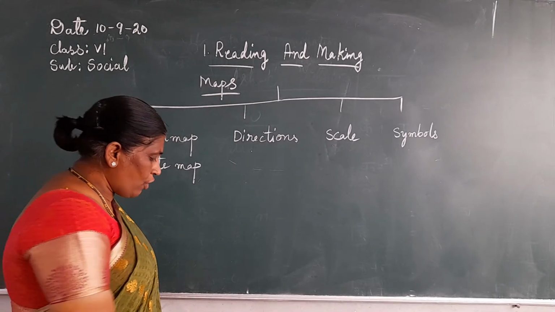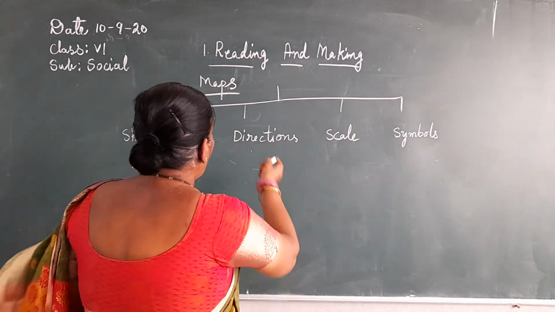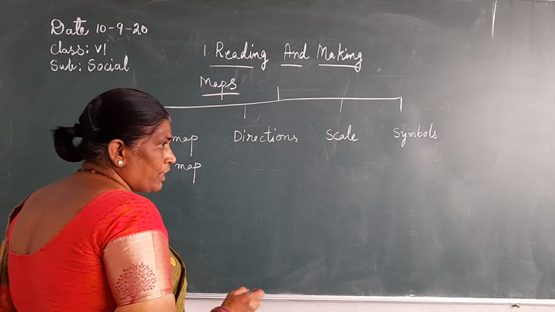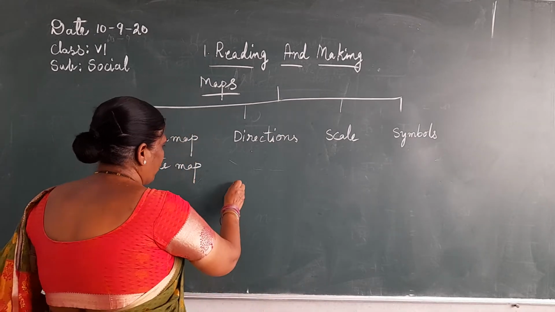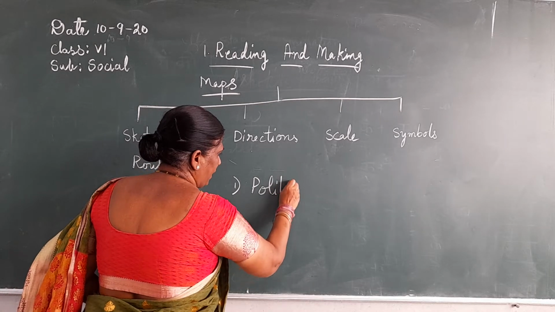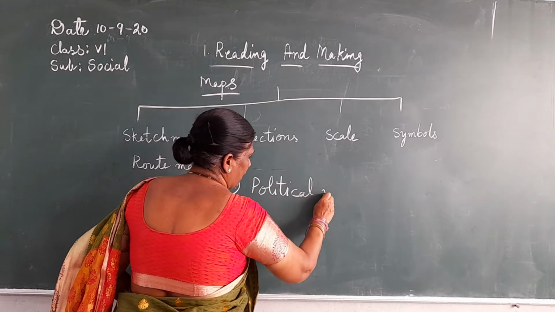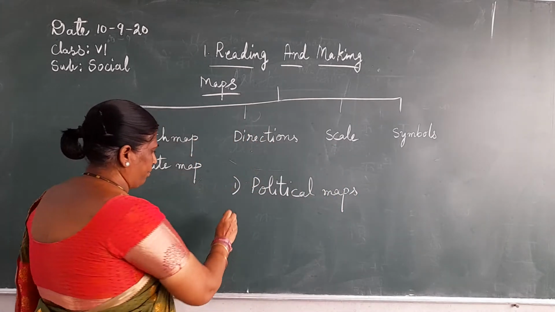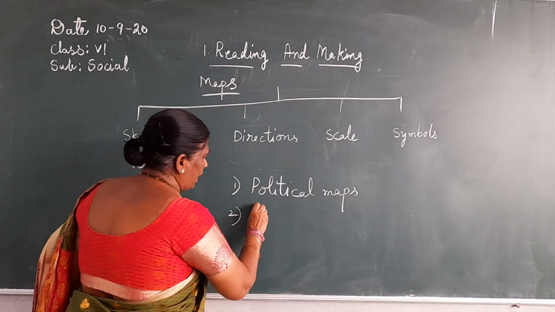Yes children. First of all, when we are learning reading and making maps, there are 3 types of maps which are very important. One is political maps. Second one is physical maps.